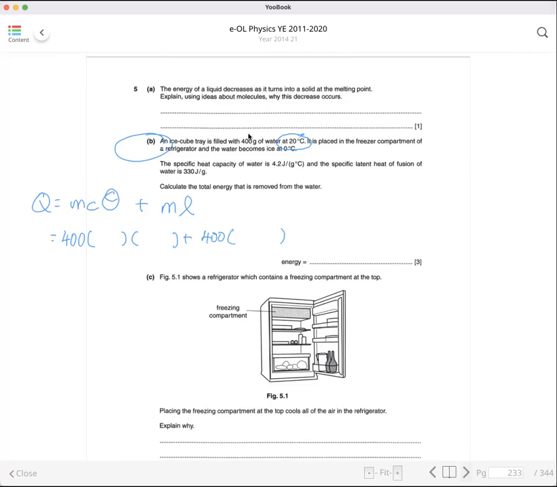Still incorrect. The first one, the C is 4.2, and the change in temperature is 20. Then the second one, the L is 330. Now can you add these two together and tell me what's your answer?